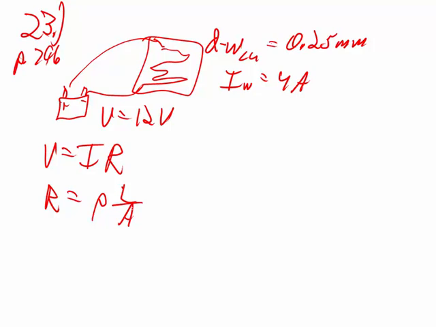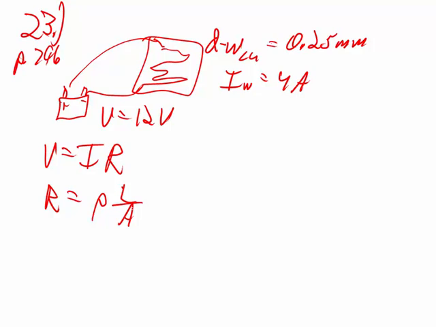Every material has a particular resistivity constant, and this table is on page 782, table 22.1.